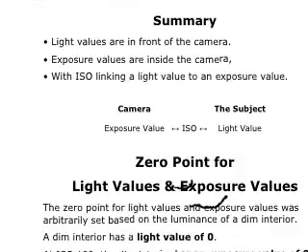So light values in front, bouncing off. Exposure values inside that we'll talk about manipulating tonight and how to do that. And then ISO links a light value to exposure. Remember, ISO fakes out the sensor basically to tell it what you want it to do to offset lighting, whether good or bad in your area.